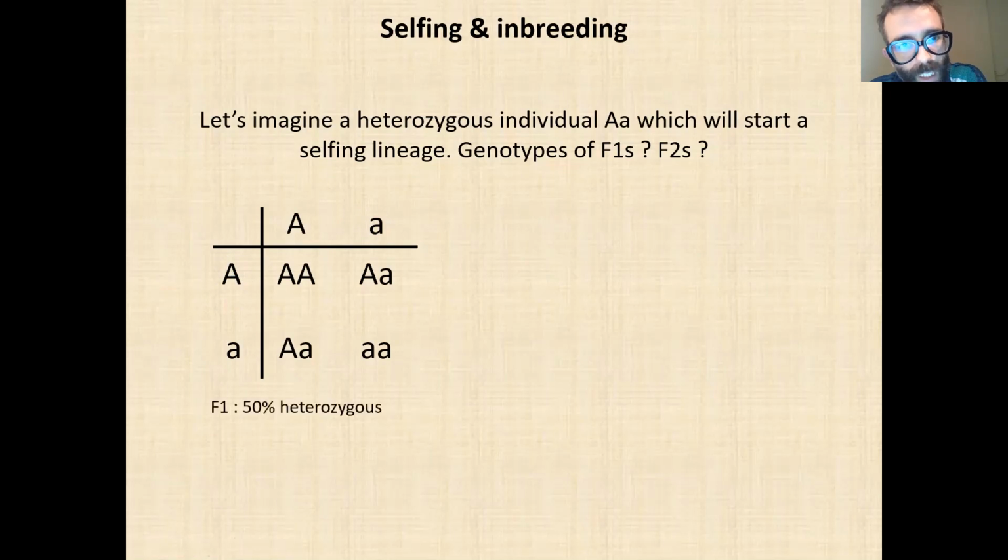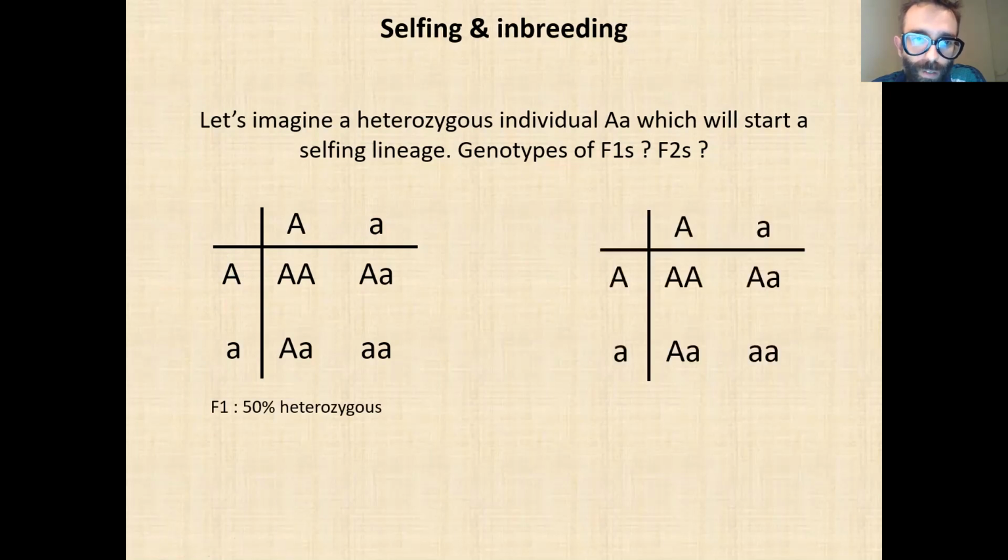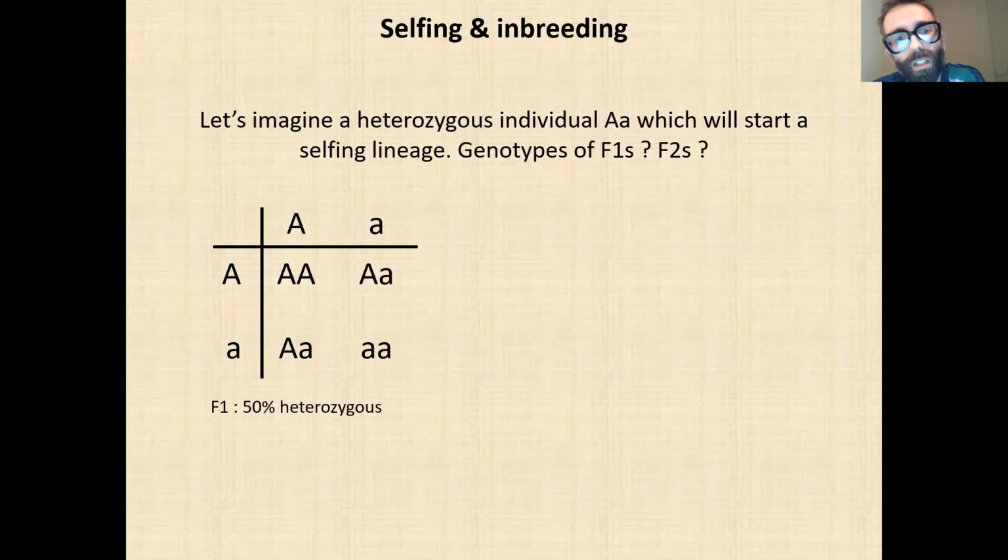That gives that 50% of the individuals will be heterozygote and 50% will be homozygote. So that means that from a population, one individual being 100% heterozygote, we already lose half of it. So half of the individuals will be heterozygotes.